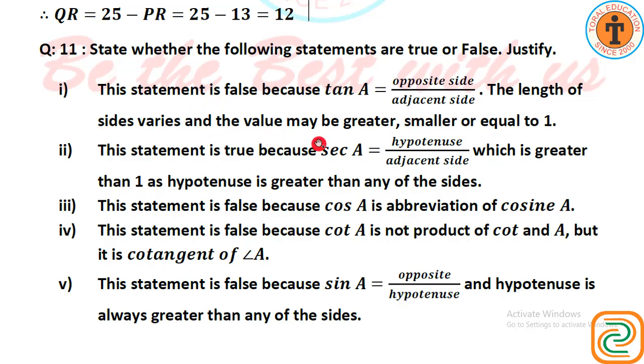Second question: sec A equals 12 upon 5 for some value of angle A. The statement is true because sec A equals hypotenuse upon adjacent, and you know very well the hypotenuse is always greater than any of the sides, so the value is greater than 1.